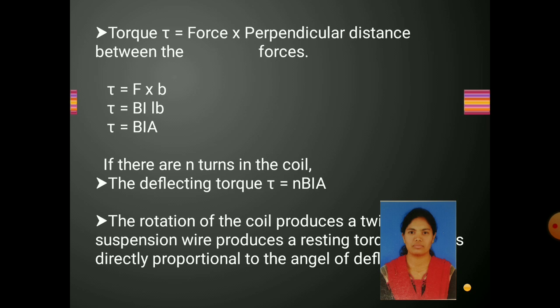So the torque produced here is given by force into perpendicular distance between forces. Force is BIL and the perpendicular distance between them is b, which is the breadth of the rectangular coil. So we got BIL into b, length into breadth, that is area.